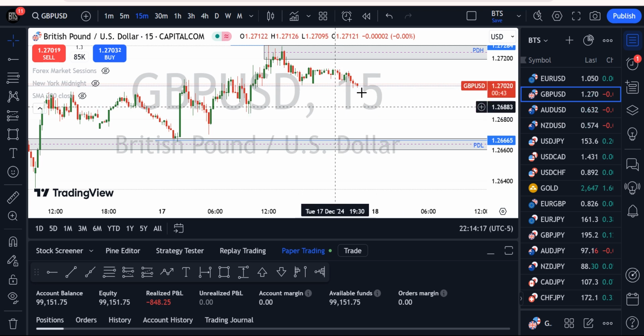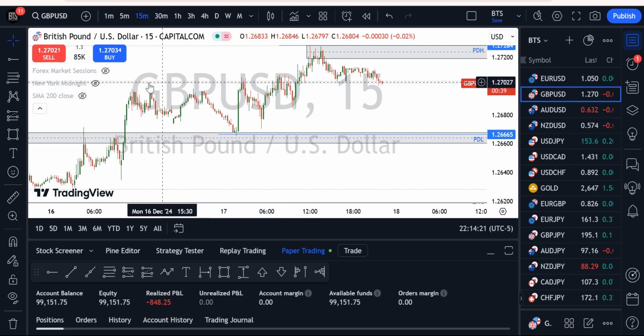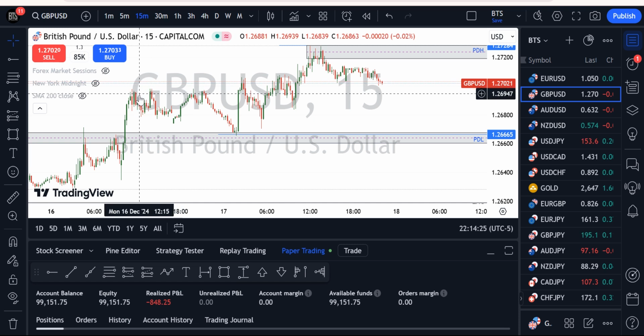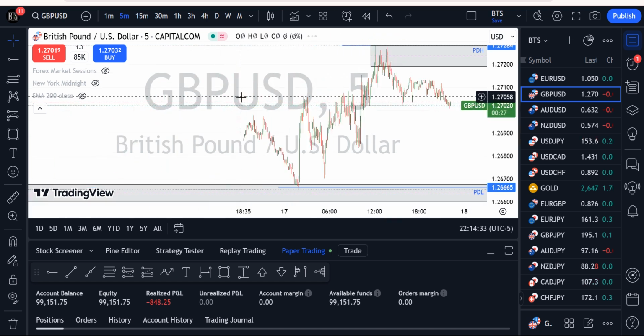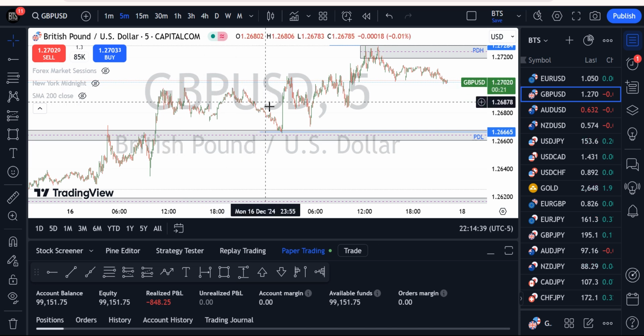If we don't get an entry and we get price around this zone, which is right here, this zone that we broke, we can tag this now as a new demand zone where we can actually expect price, because we have these relative equal highs.